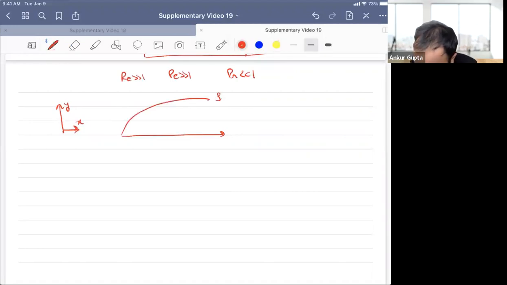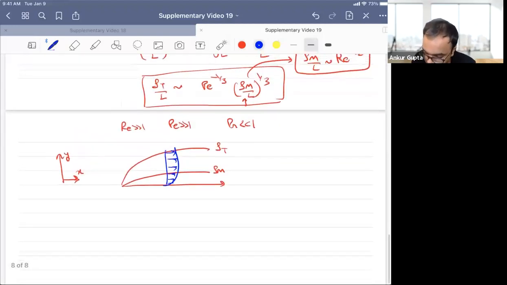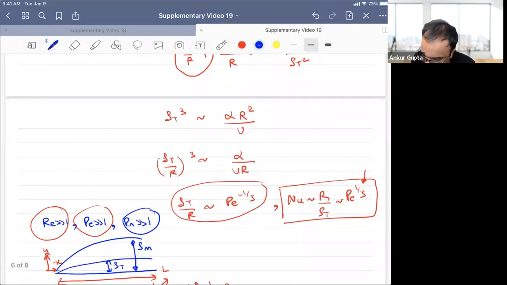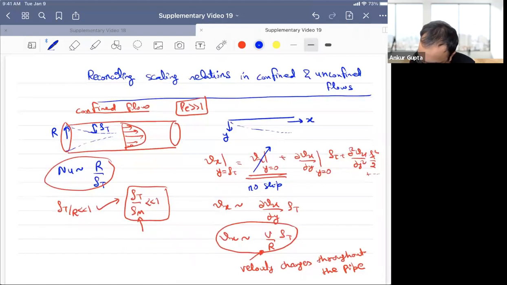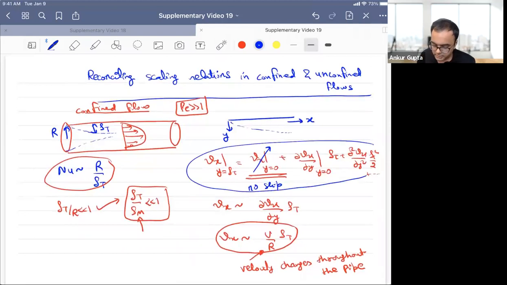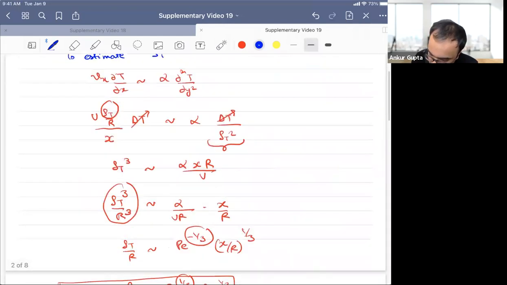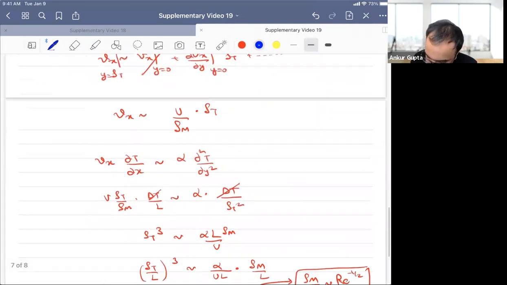Thermal boundary layer will be like this, momentum boundary layer will be like this, and the velocity scale would be like this. Now note that I cannot write this expansion anymore, which I have written here, because this is not a case where delta t by delta m is much smaller than 1. In this case, it's the opposite case. So I'll have to look at the physics of the problem.